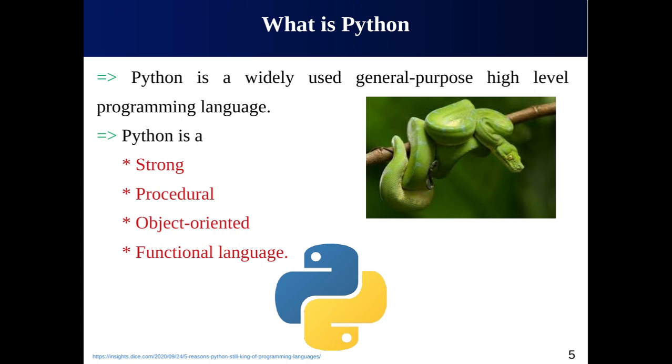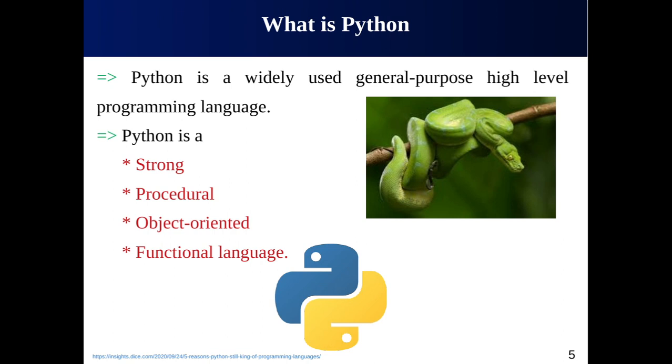General purpose means that you can use the language for solving different types of problems, whether the problem is related to mathematics, biology, artificial intelligence, machine learning, big data analytics, etc. It is not specifically designed for a specific community. Python is a strong language because it has many plugins available, many packages available, and many application areas. So we can say it is a strong language.